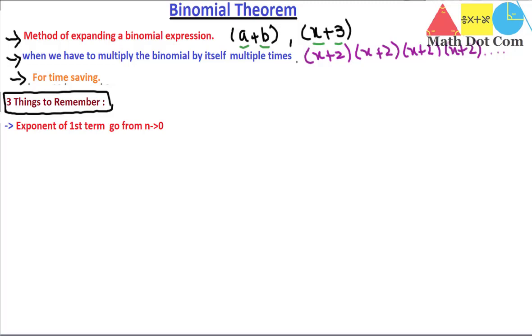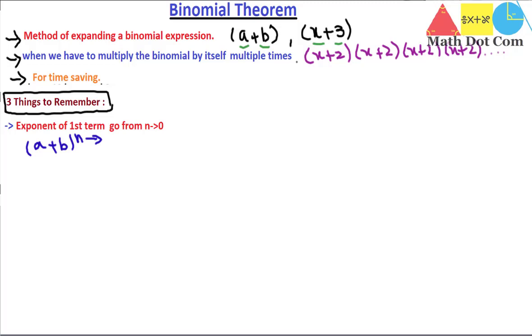Now what is n? n depends on how many times you are going to multiply the binomial by itself. For example, a plus b. How many times you multiply this binomial expression by itself depends on the power of this expression. This power could be any integer value. It could be 1, 2, 3, 4 or so on.